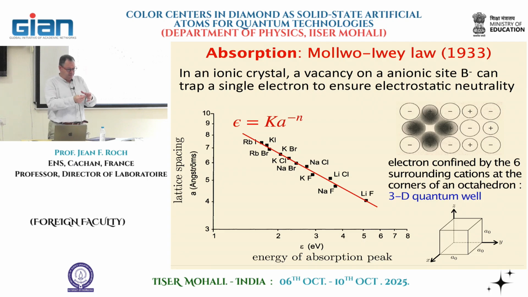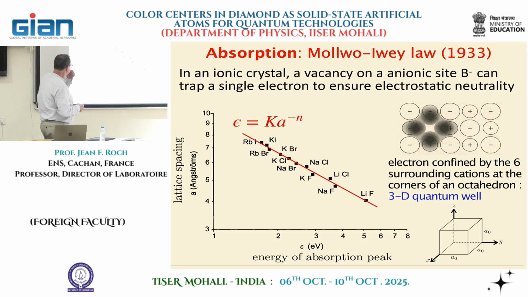If there is no chloride atom, then the electron coming from the sodium atom, in the case of rock salt, will be trapped by the system and will remain there, because all around there are positive charges, due to the Na+ ions. So a vacancy on an anionic site can trap a single electron to ensure the overall electrostatic neutrality.